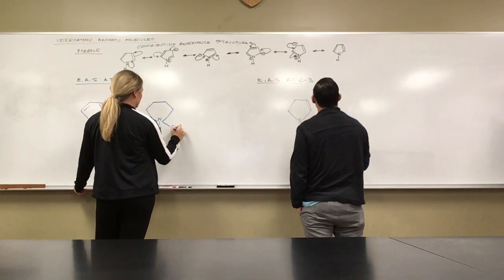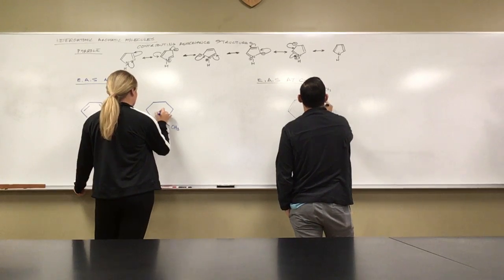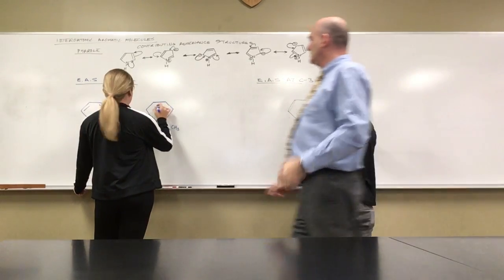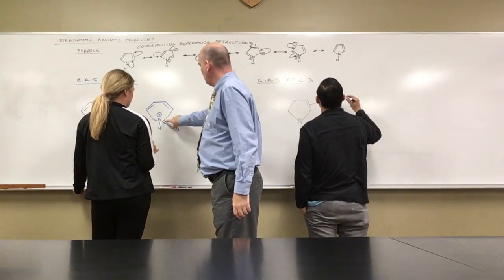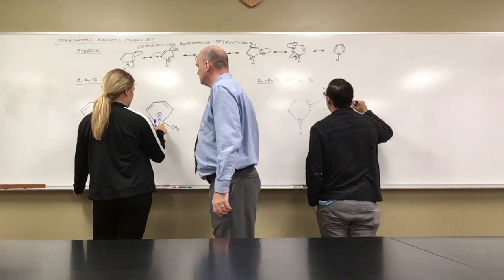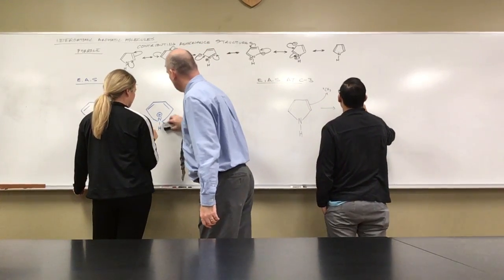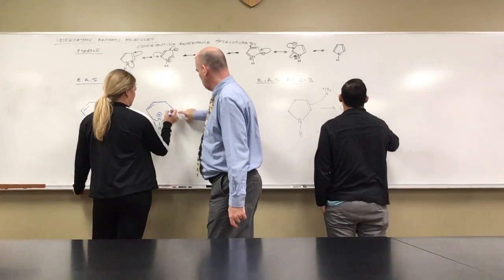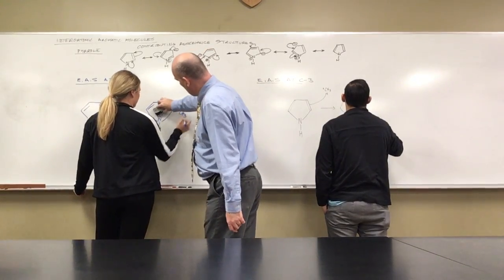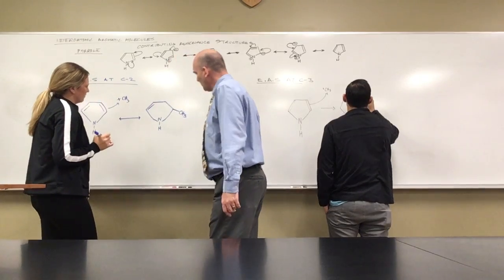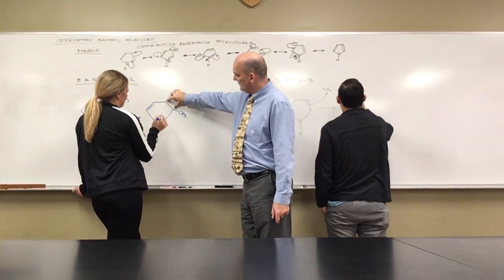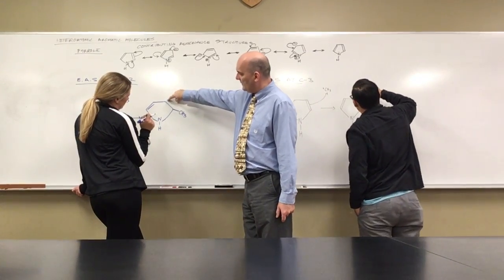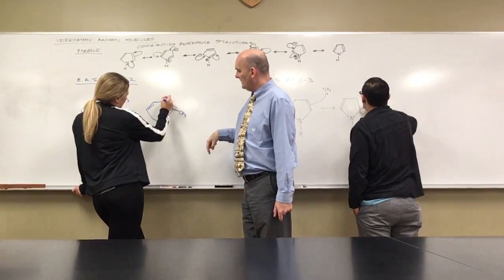You said to put it there, but that's not attached to the nitrogen. It's going to go here. So if this pi bond breaks and this carbon gets the substituent, what does this carbon get?